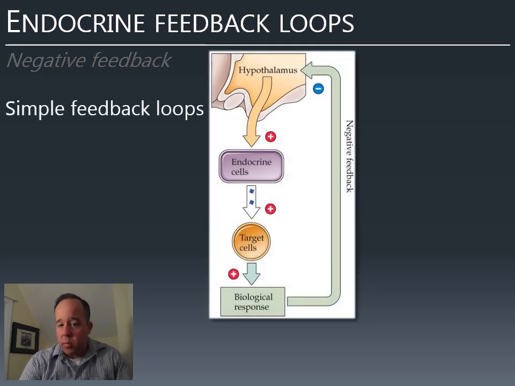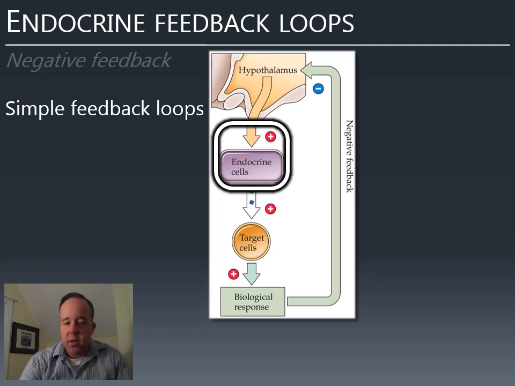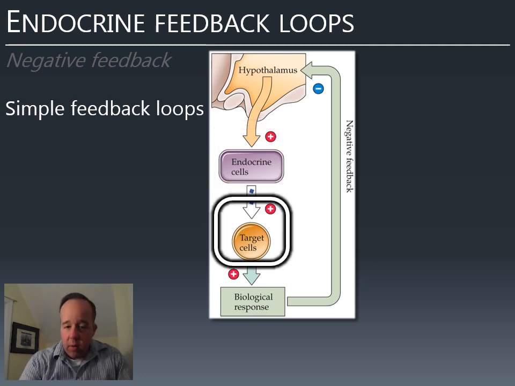So you can have a simple loop. So the hypothalamus uses a releasing hormone that has a positive impact on the endocrine cells. In this case, we'll just say it's the anterior pituitary. So the anterior pituitary secretes a tropic hormone that goes to some target cells. The target cells have some response. It could be a behavior. It could be their own hormone.